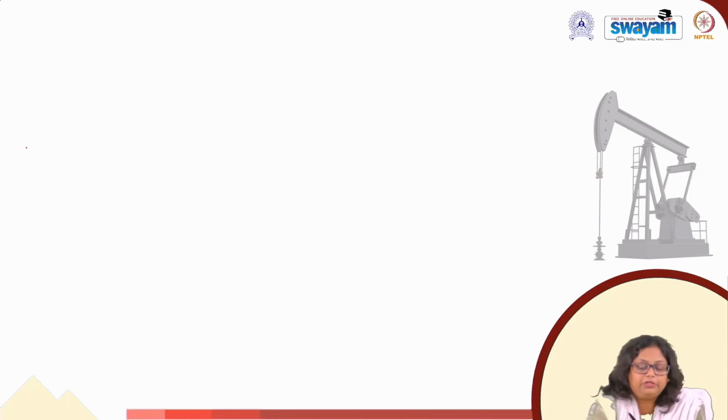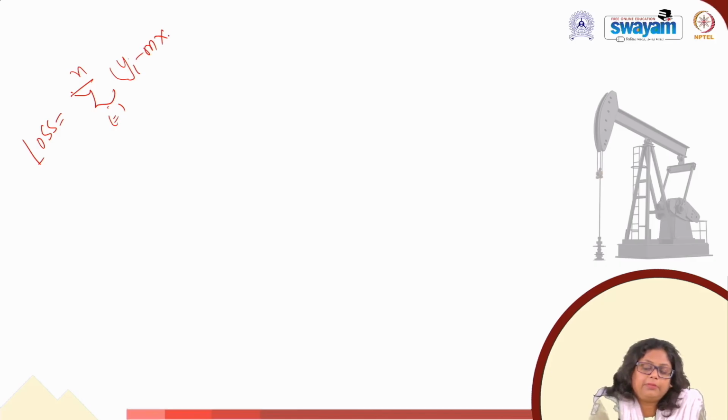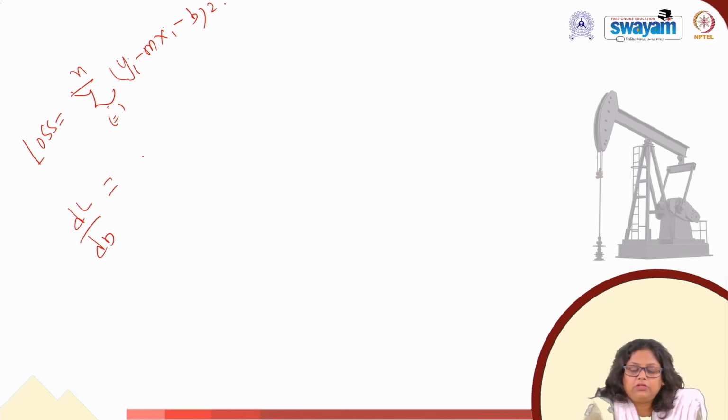So let's go back to what we have here. In the last class, we have loss equal to sigma, i equal to 1 to n, (yi minus m xi minus b) to the whole square. When we take dL by db, it will be 2.